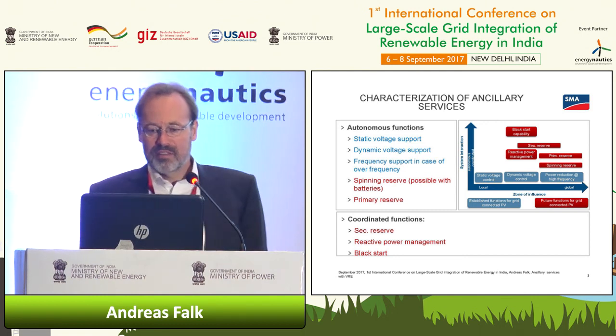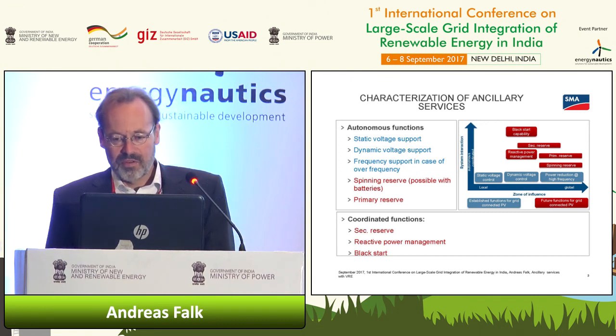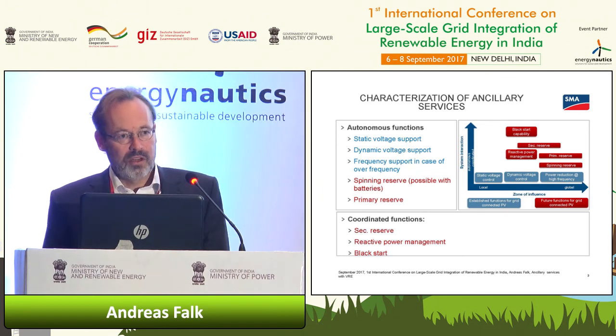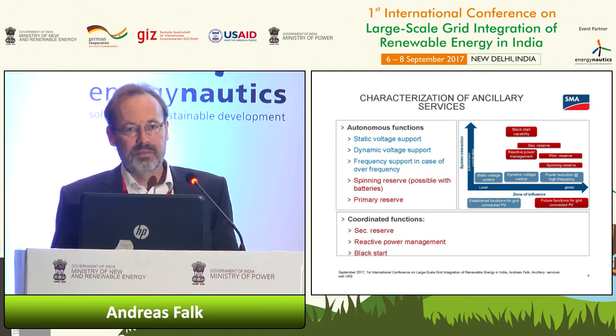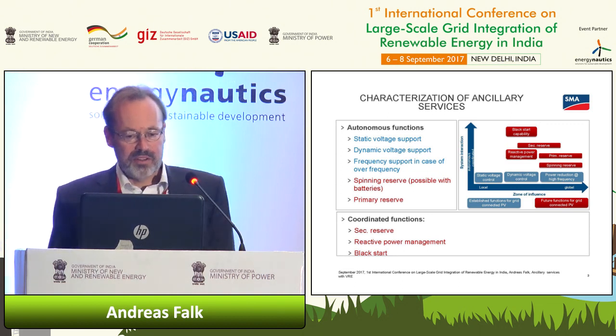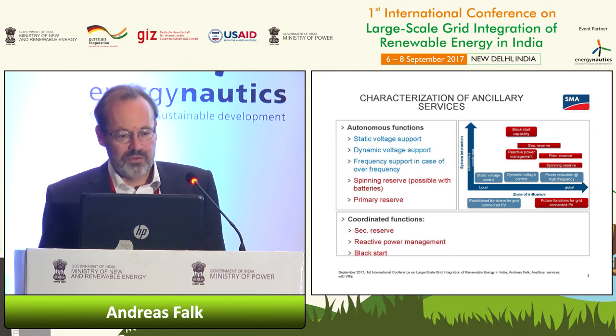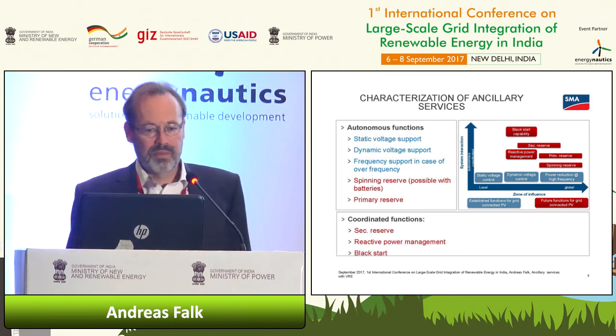And at last, you have the frequency support via power reduction. And that is from global influence, because the frequency is a global parameter in the grid. Those three are the established ancillary services, and in red now you have the future services.